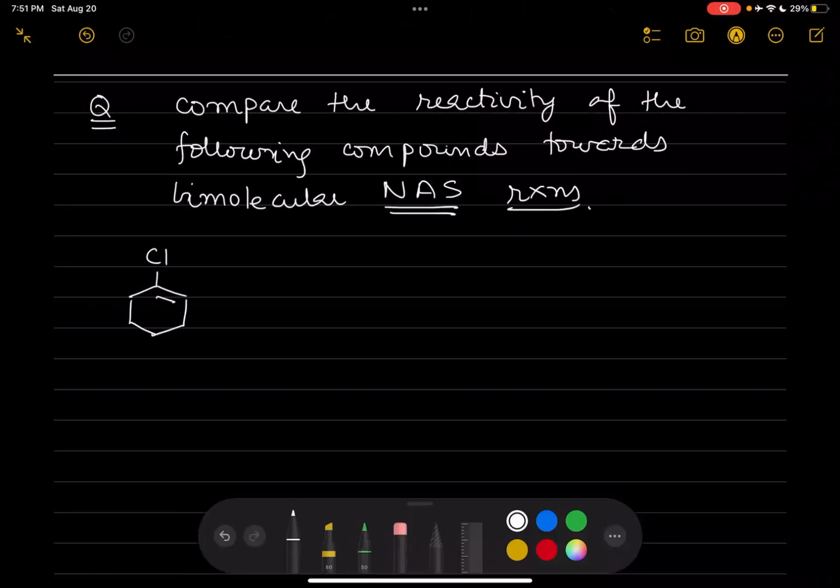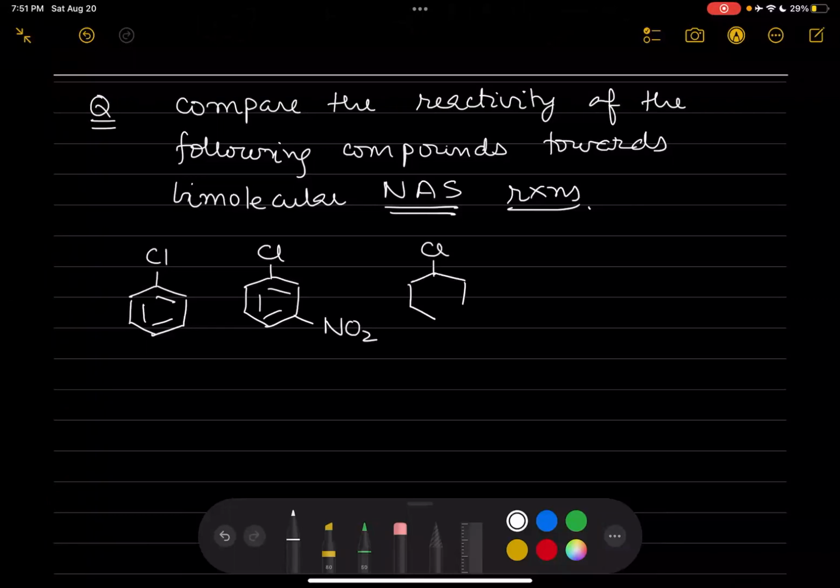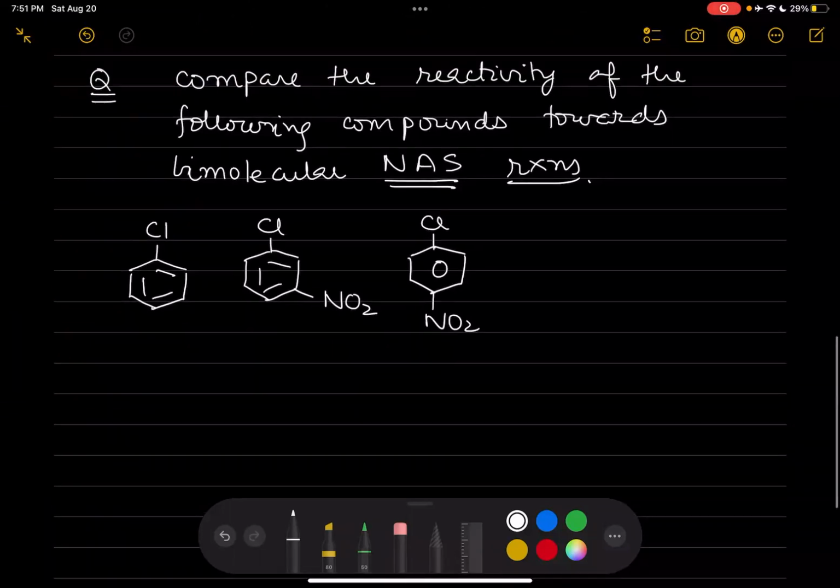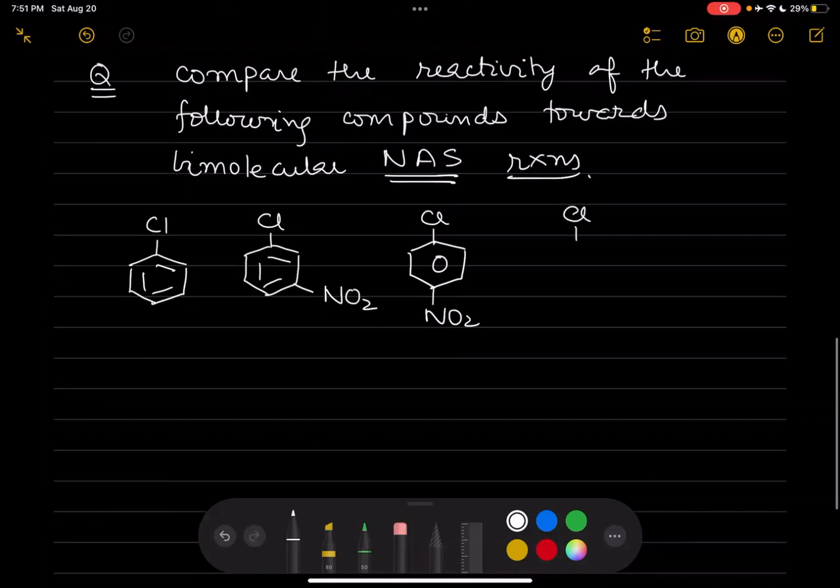You can consider it as a reference, meaning it is at the base level, and some of the rings are more reactive than this, and some of the rings are less reactive than this. And this is a question which is asked in all the examinations, in JEE, NEET, everywhere.